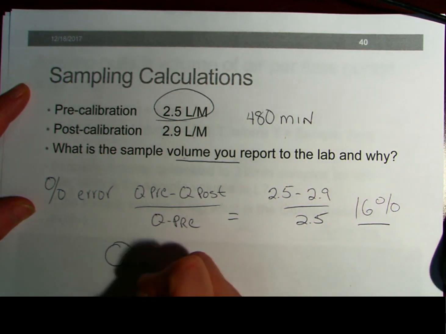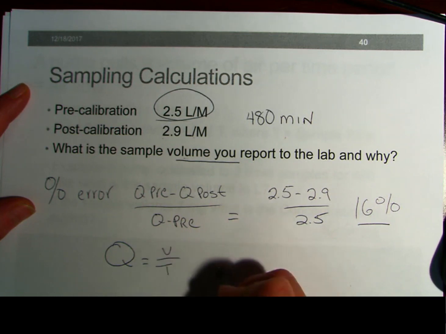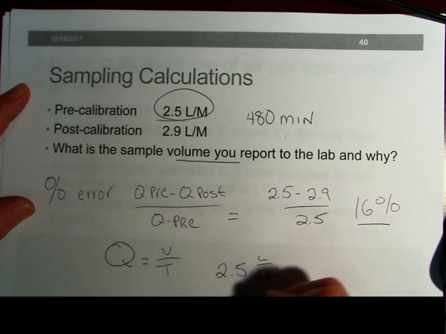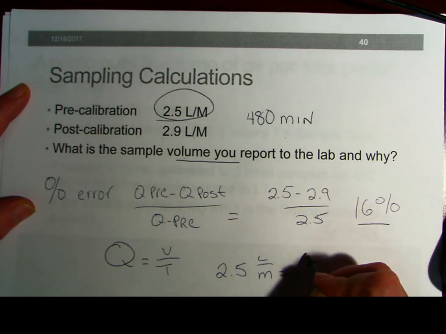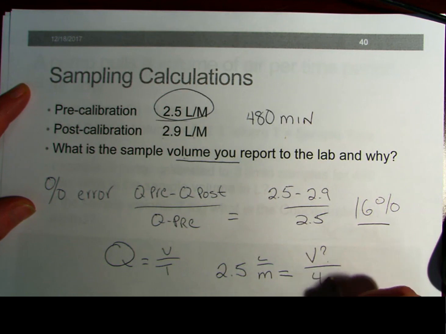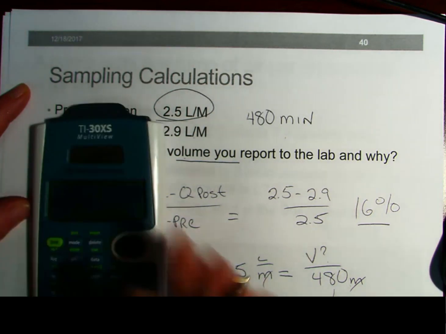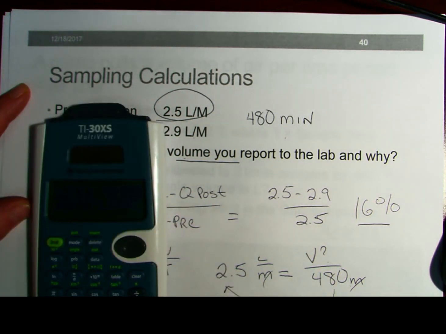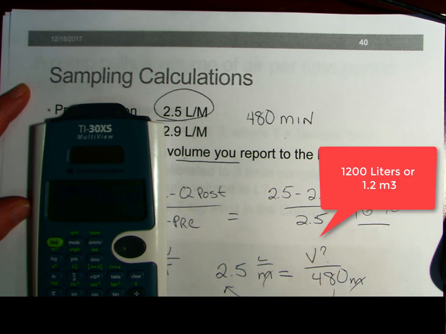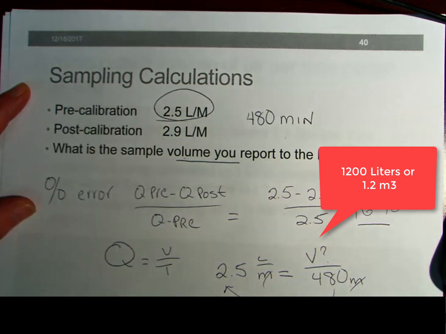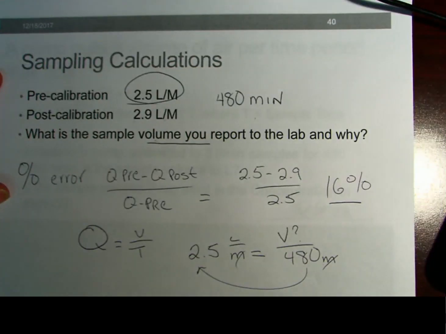So we have our Q equals V over T. Our 2.5 liters per minute equals some sample volume over 480 minutes, and these will cancel out when I isolate my variable. So my sample volume was 1,200 liters.